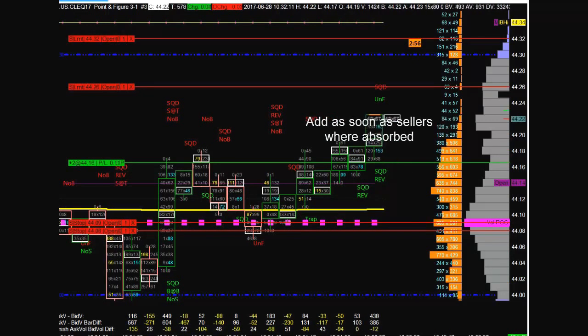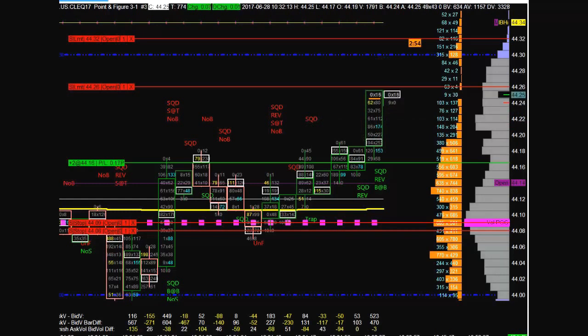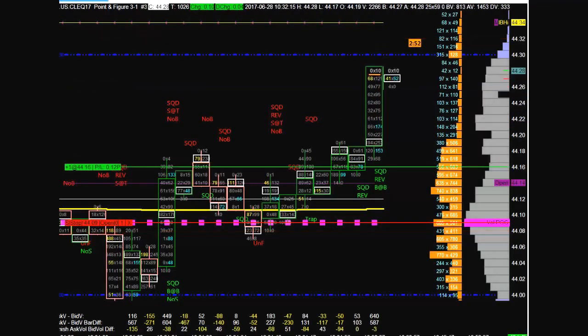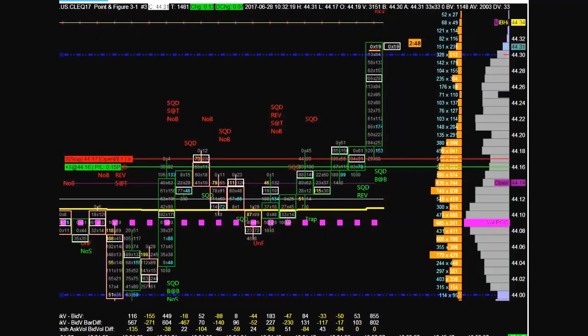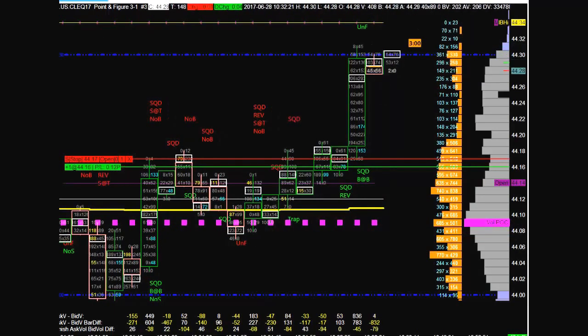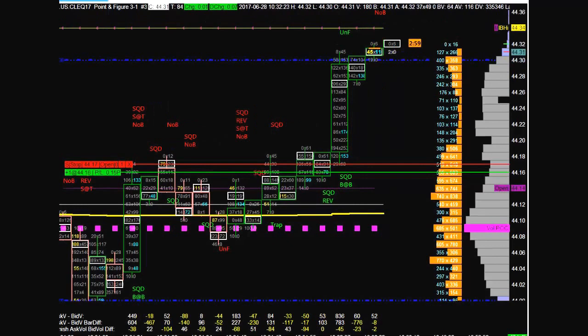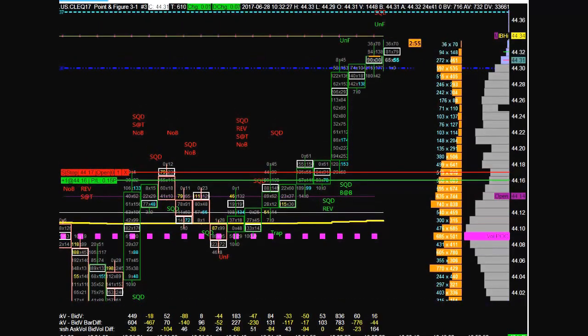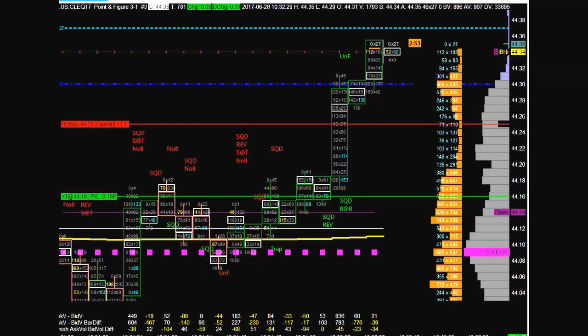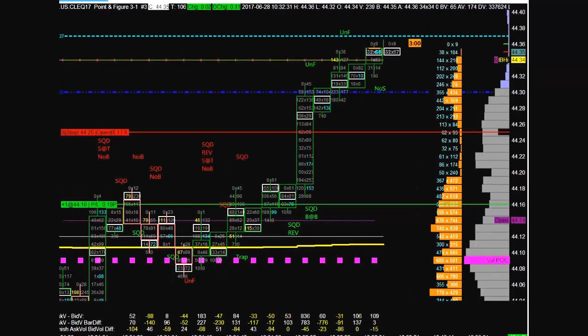Now this should run to the next value area, at least the initial balance high. First target out. Now we have a free trade. We're going to start moving our stop once we get a little bit of distance here and hiding behind the buyers, using them as blockers.